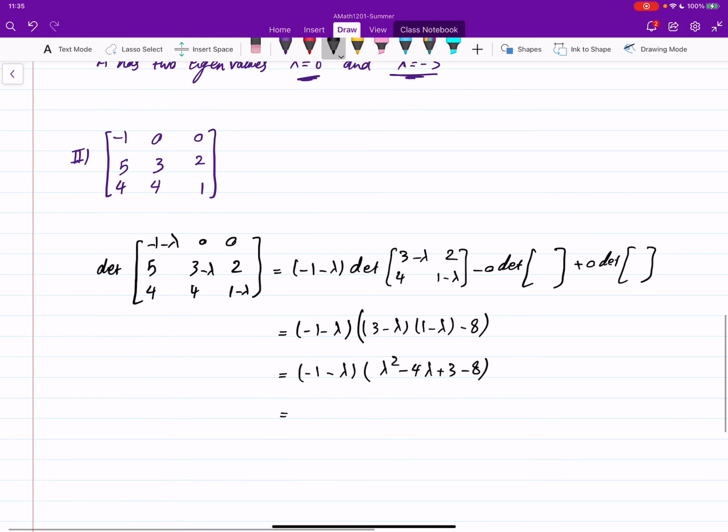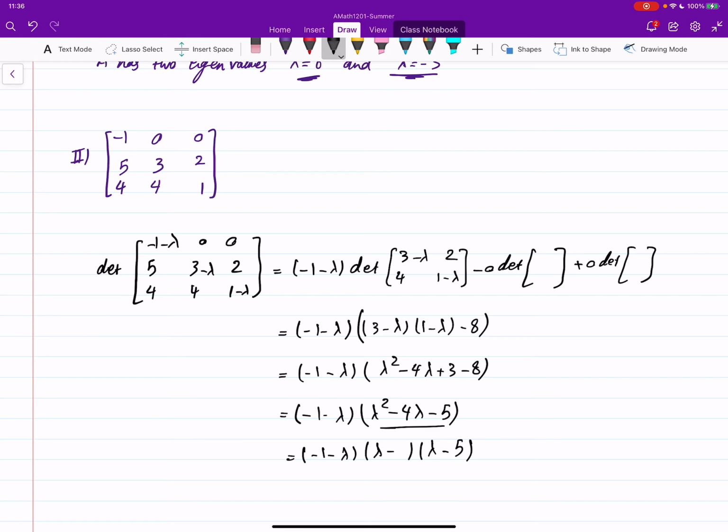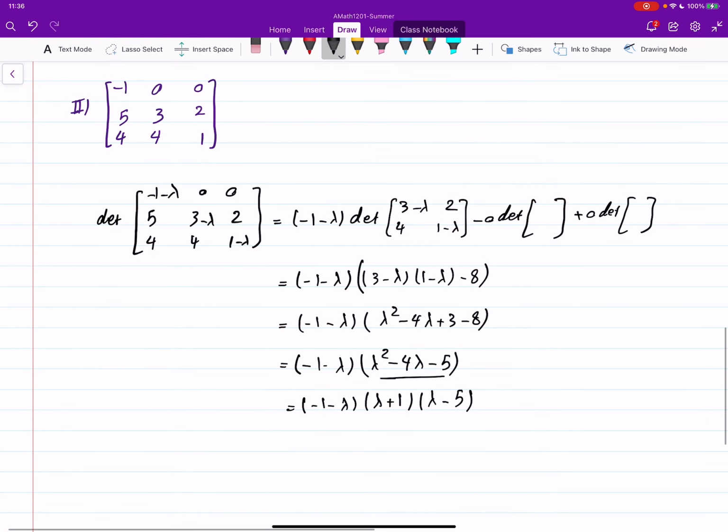It's better not to expand, because when you have the decomposition of your polynomial, you can solve it. I can go ahead and decompose the quadratic part again: two numbers adding up to negative 4 and multiplying to negative 5. So this is negative 5 and plus 1.